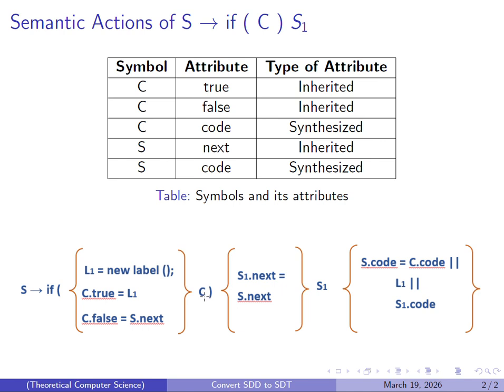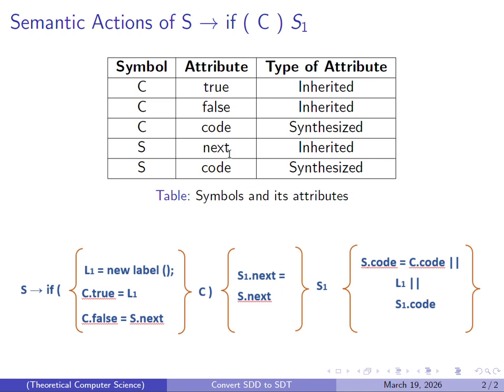So now coming to the inherited attribute of S, that is next, you're going to write it before S. So here when you look at this, when you're writing semantic actions, we are not going to look at the left hand side. We're not going to write anything for the left hand side in this production rule. Only we care about the right hand side.